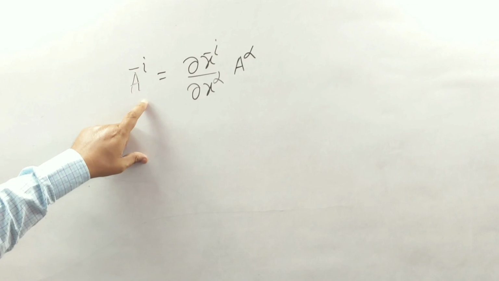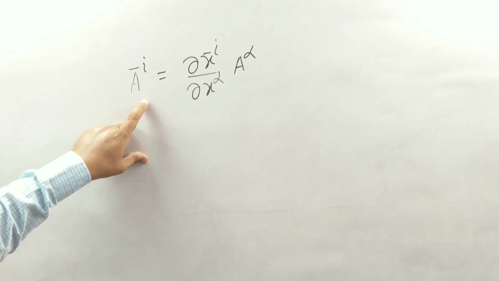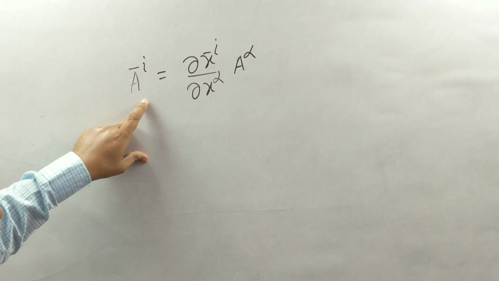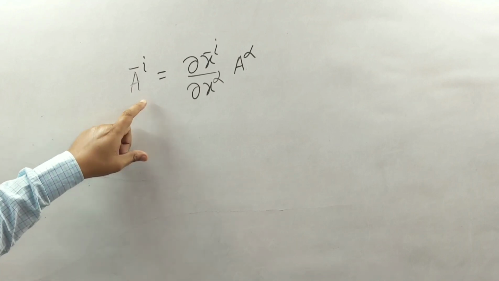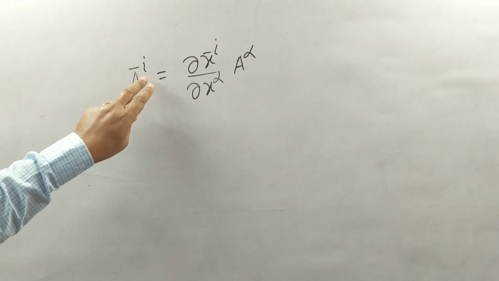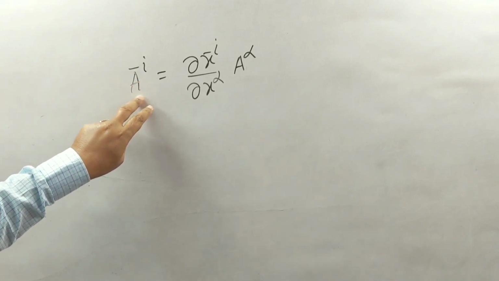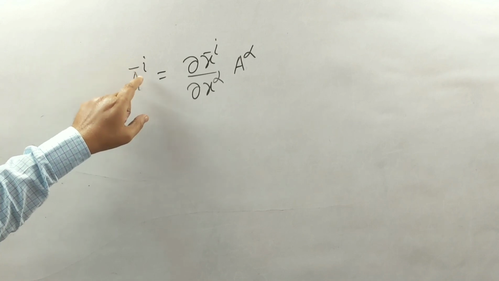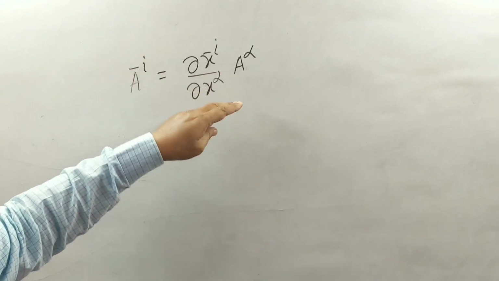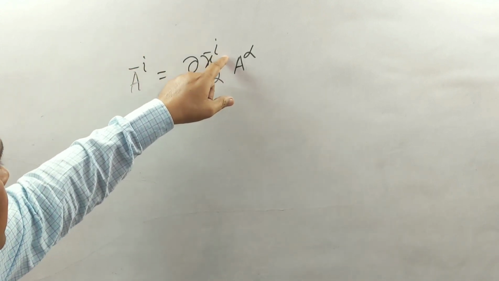In the case of a contravariant vector, that is the tensor of rank 1, a vector is a tensor of rank 1. In the contravariant case, we write i as a superscript, and on the right side also x bar i is in the upper position.